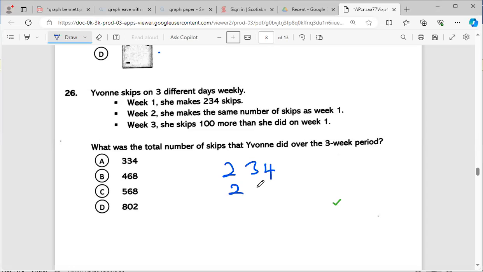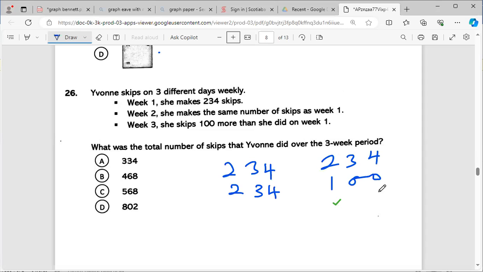And then it says week 3, she skips 100 more than she did on week 1. So I added 100 to 234 plus 234, and that's how I got 802.